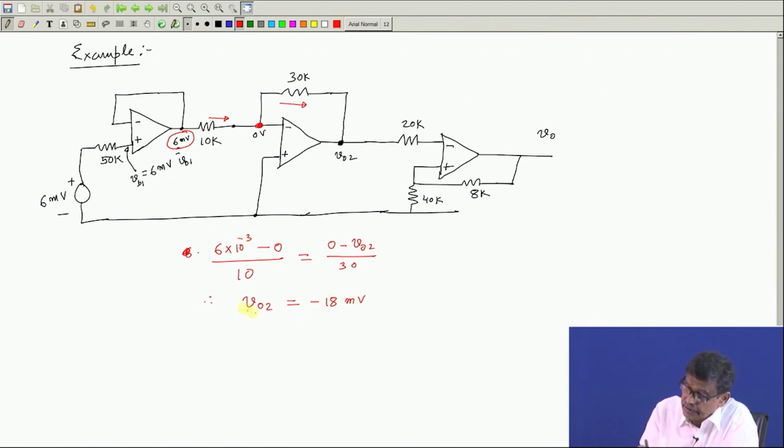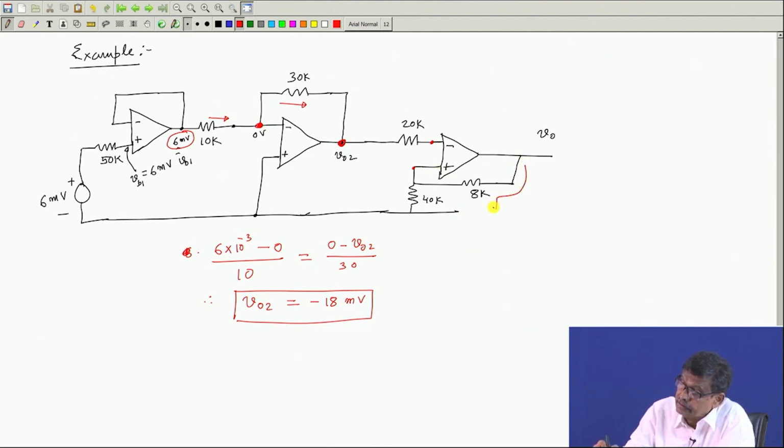So, V naught 2 is known. What is V naught 2? Potential of this point is known. Then if I know the potential of this point and if this is an ideal op amp, so the current in this, if this op amp does not take any current, this V naught 2 will appear here, minus 18 volt, and there will be no current here.